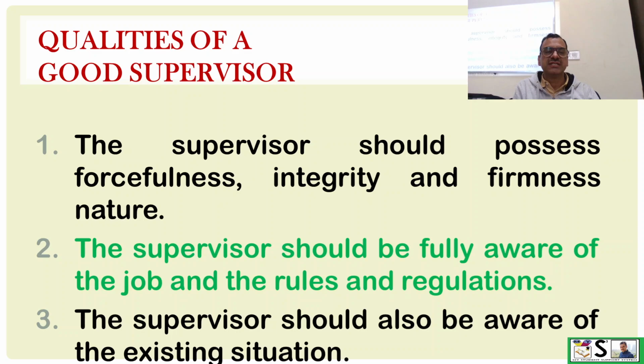Second quality, the supervisor should be fully aware of the jobs and the rules and regulations of the activity. If he is aware of the nature of the job, he can supervise effectively, otherwise he may not supervise properly.